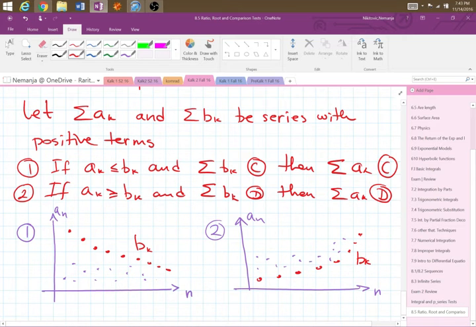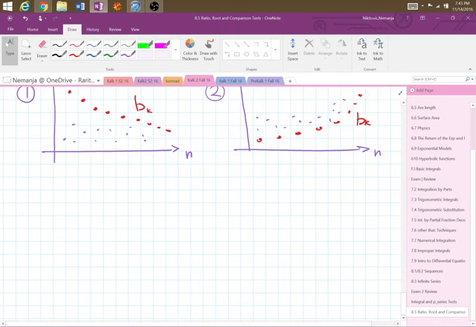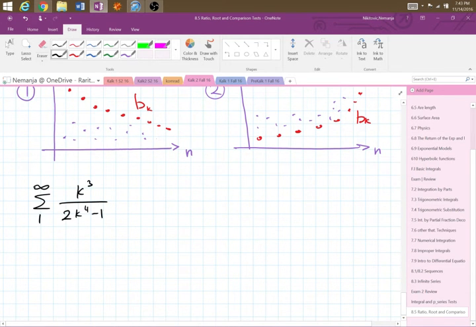So now, let's take a look at one of the examples and then prove our statements here. Say you have this example: the summation from 1 to infinity of k cubed divided by 2k to the 4th minus 1.